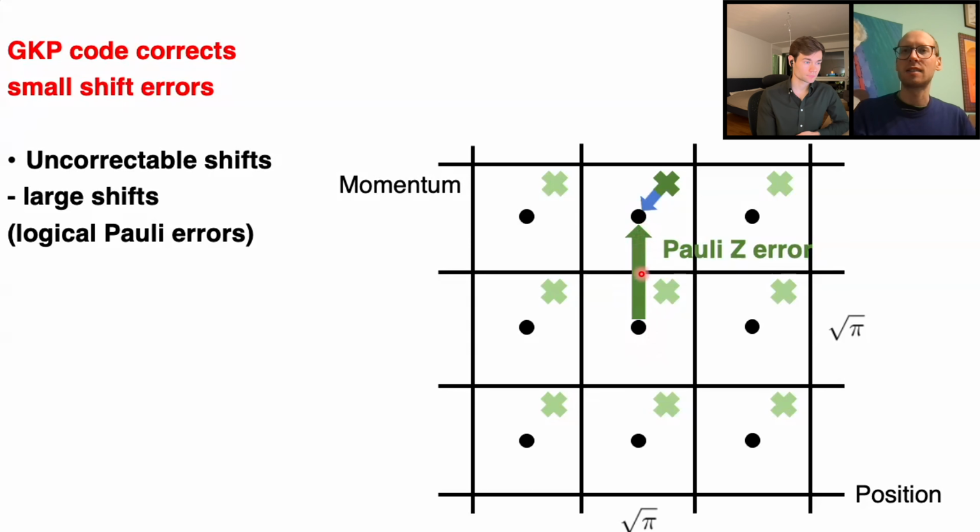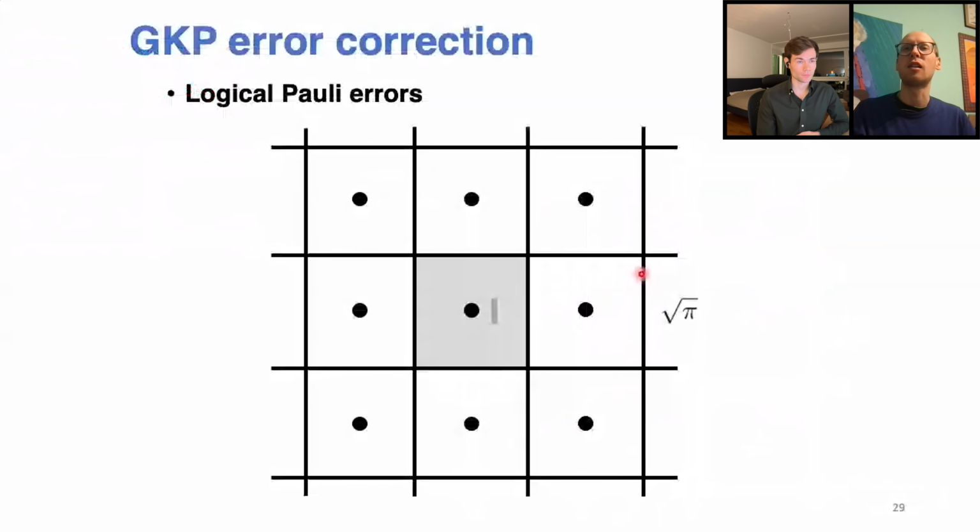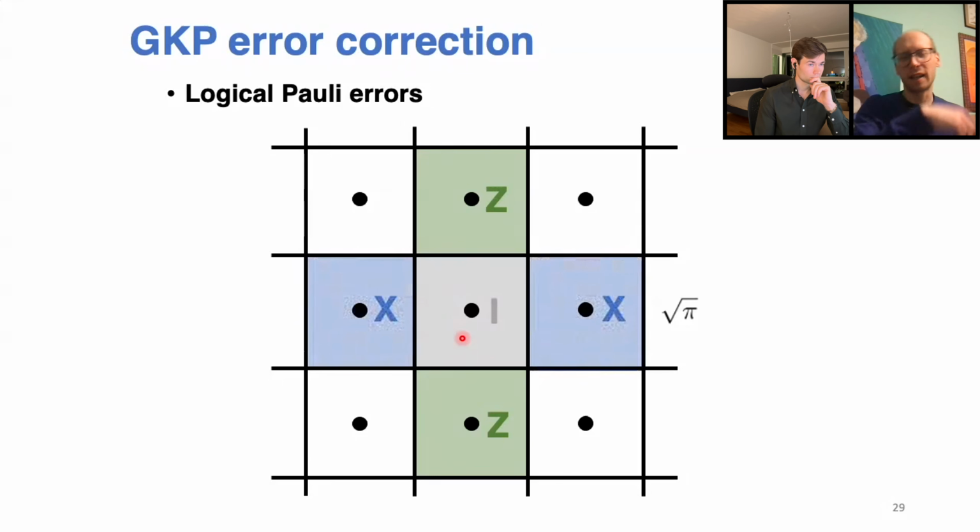And such a net shift by square root of pi is a logical error. So you can argue that this code can correct small shifts if they happen within this resolution of this box. If the shift is too large along the momentum axis, we will get a Pauli Z error, a Pauli X error if it's along the other axis, or a Pauli Y error if it's along both.